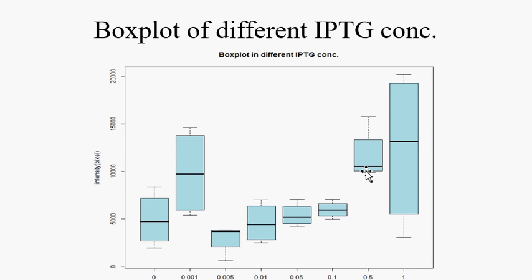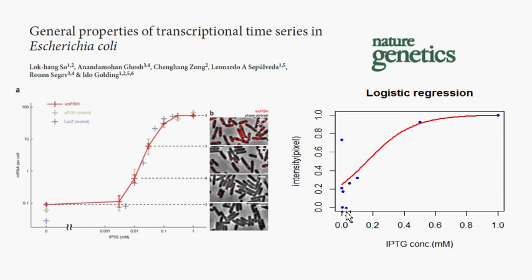But because there is some bias in each replicate, I use the mean intensity to draw this plot. This is the IPTG concentration, and this is the mean intensity from each replicate. And I realized that logistic regression is a very good model to fit my experiments.